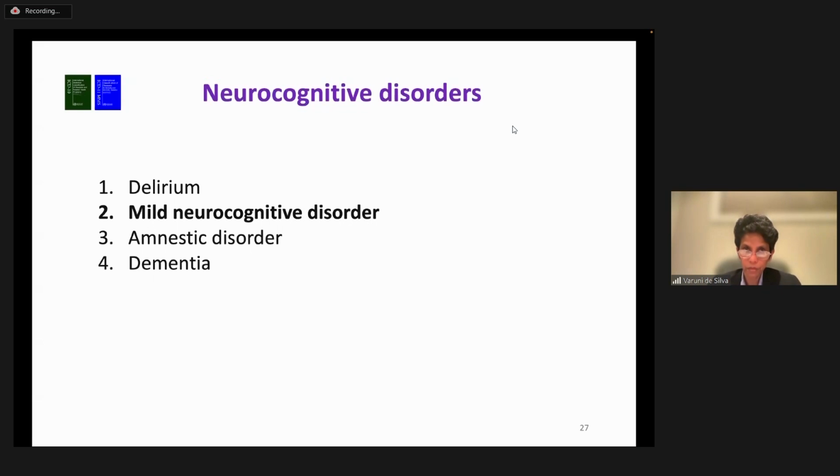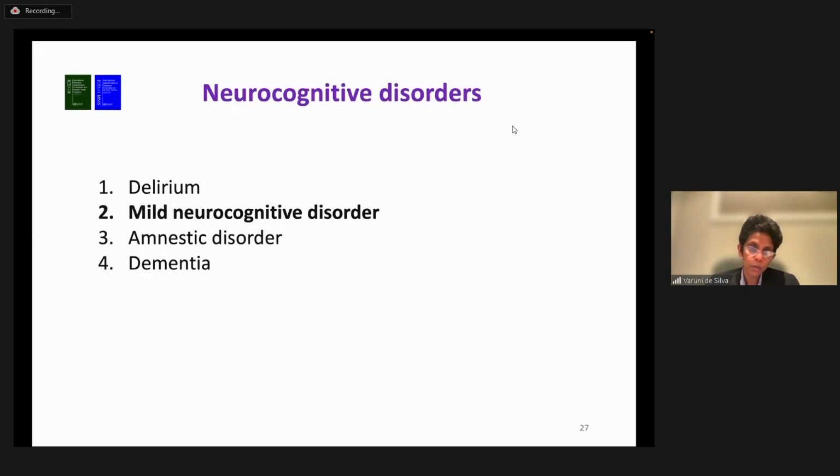I know we have been discussing this for many years, although it was not there in the ICD-10. There is increasing evidence that there are people who have some impairment of their cognition, which doesn't amount to dementia but is more than age related, and this is the recognition of a separate condition.